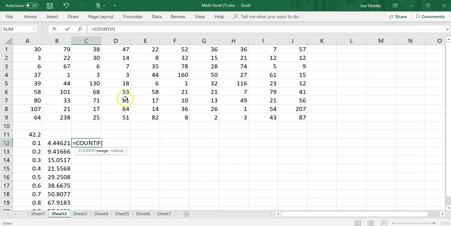All right, so in the COUNTIF function, the first thing we're going to do is highlight the array and make it an absolute cell reference because I want to copy it down. The first range is I want to count if it's less than or equal to that 4.44, right?